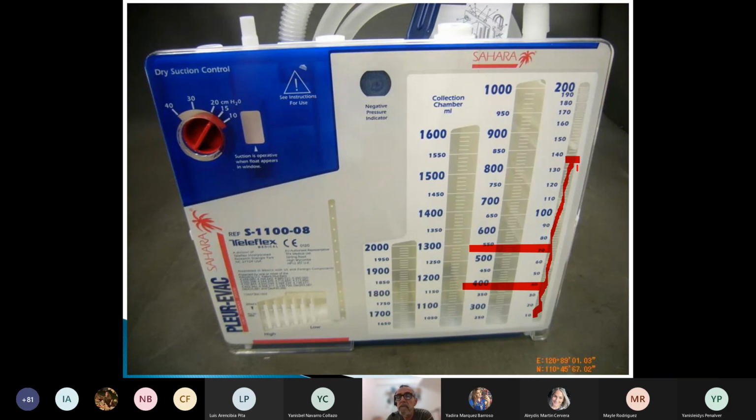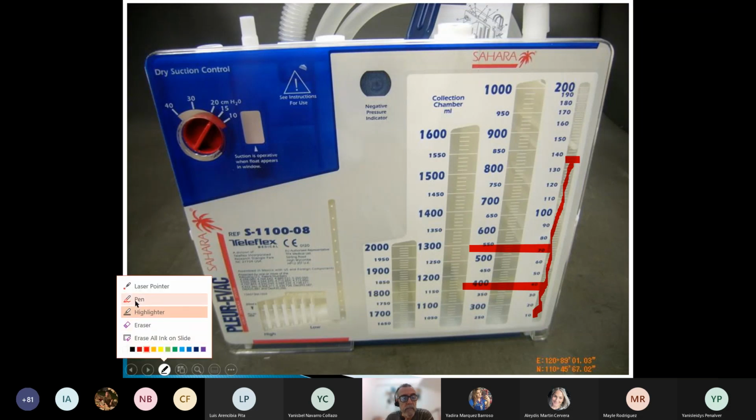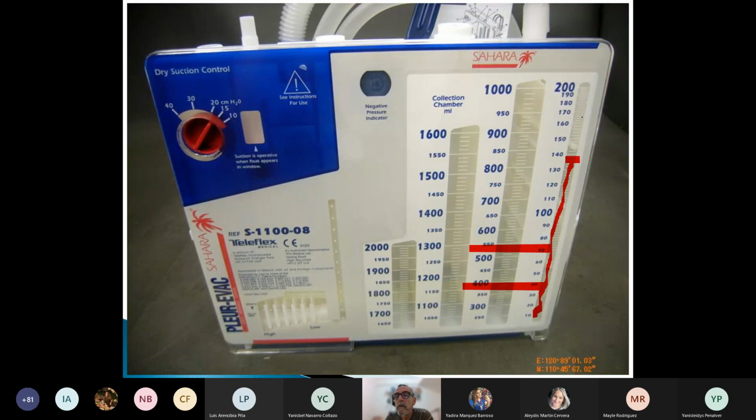And when you leave, the level of the liquid is, let's see, here. So in your shift, you arrive here and you leave here.